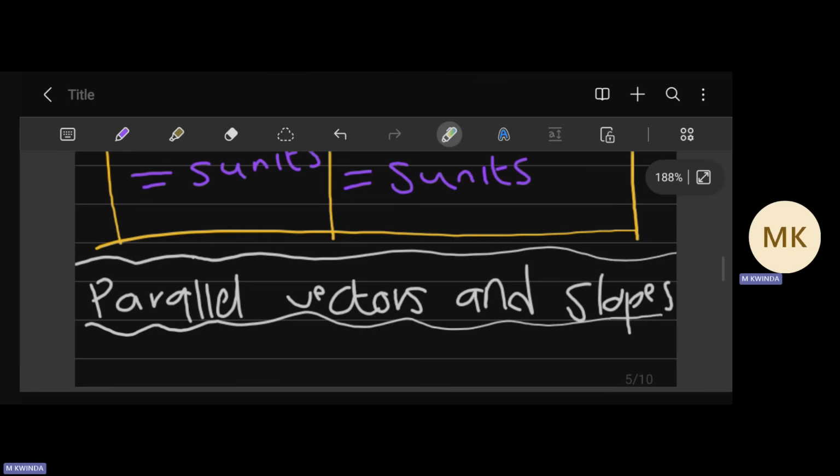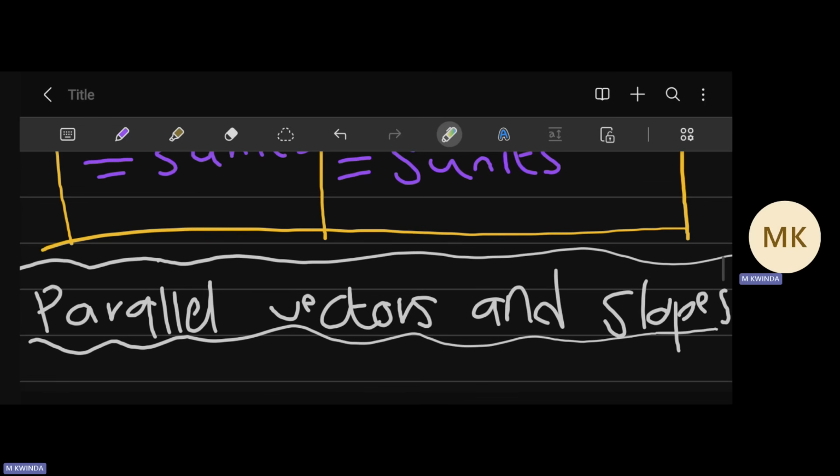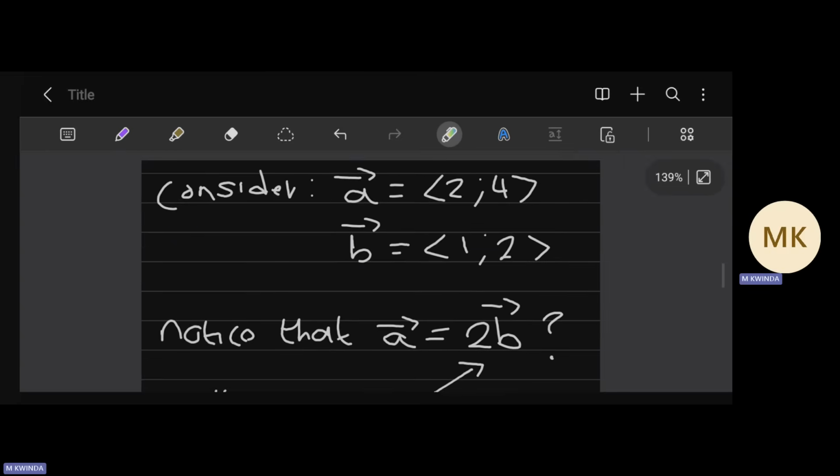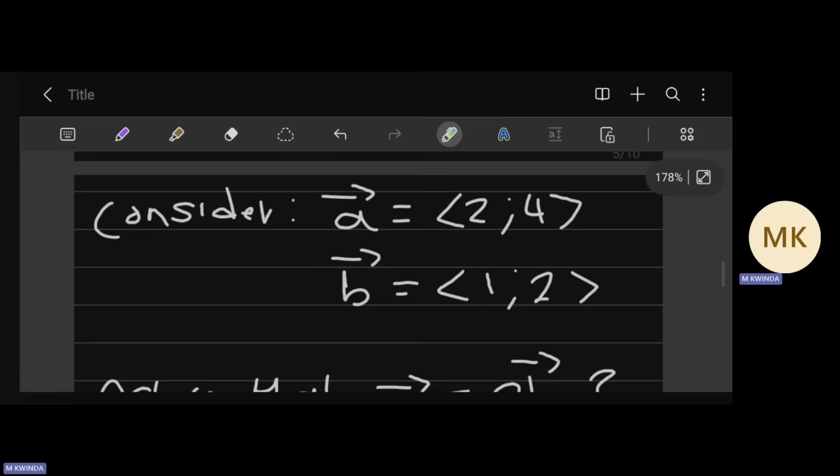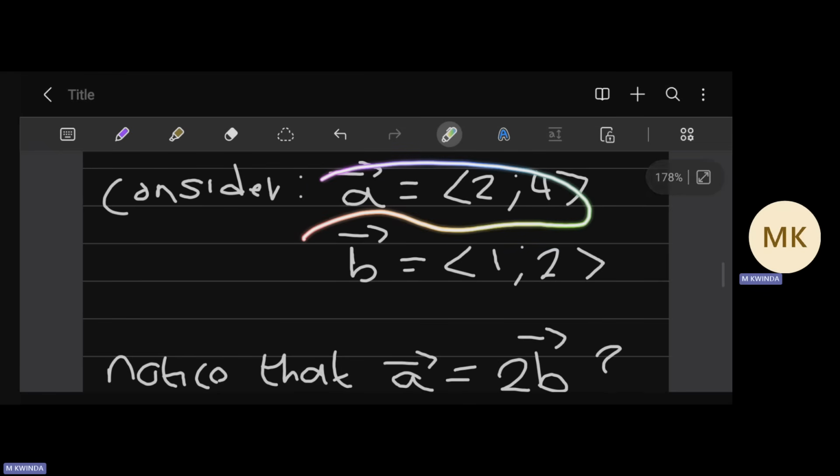Okay, let's move to parallel vectors and slopes, which is also where geometry meets vectors. Suppose, for example, that you are given a vector A as that and vector B as that.